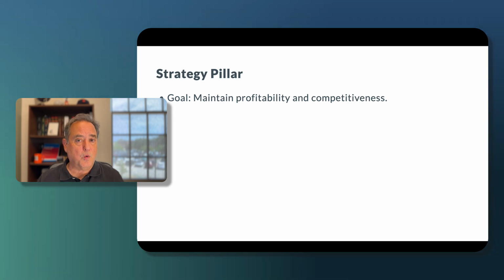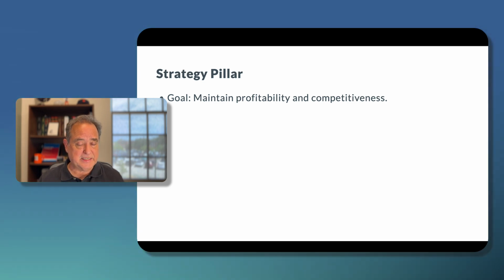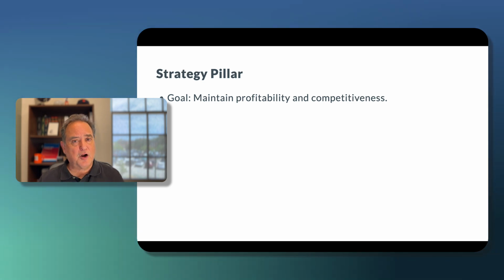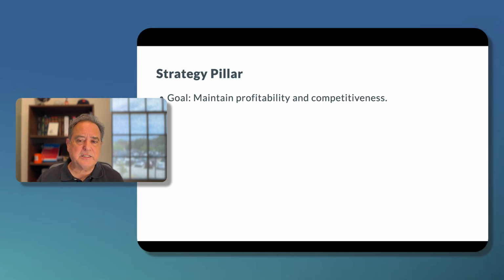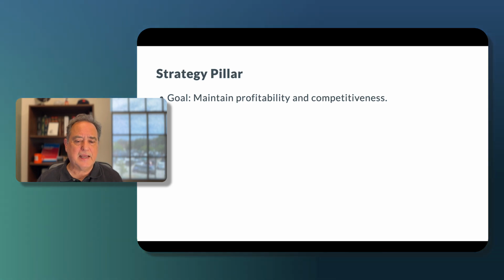So our goal in this decision is to maintain our profitability, meaning we can keep our prices the same while maintaining the same profit, and our competitiveness, because no doubt we have competitors who may not have our same standards and may be willing to make sacrifices in terms of ethical responsibilities. But our goal is to maintain profitability and competitiveness.